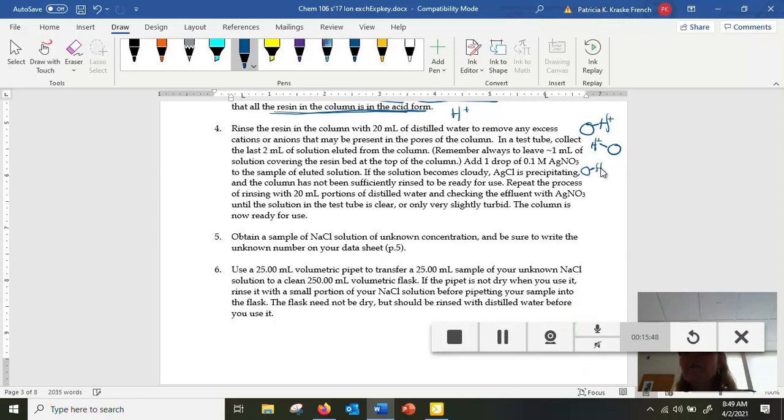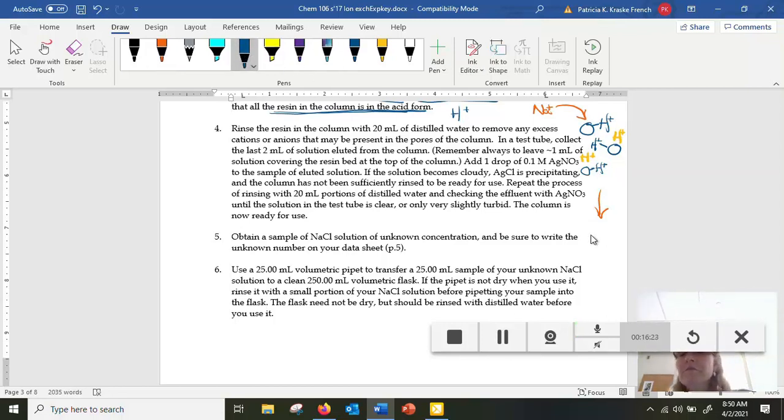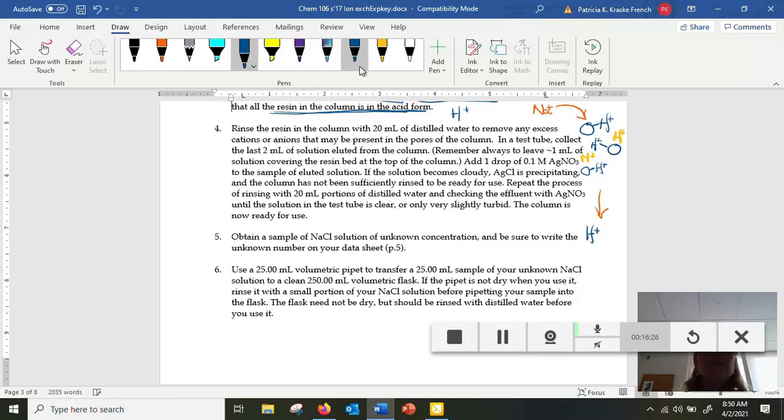If you have, and I'm going to put the extra hydrogens in a different color, some extra hydrogens just floating around here that haven't been attached to anything, when you put your sodium on, some of the sodium will exchange like it's supposed to, but the water that the sodium's in will push off the hydrogens it's supposed to, but it'll also push off some of those extra hydrogens that were just floating around.